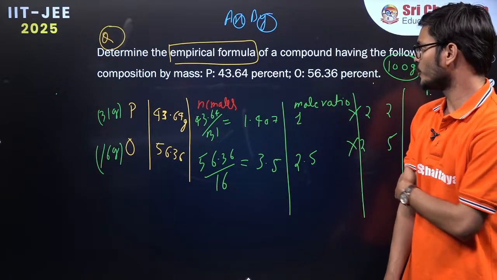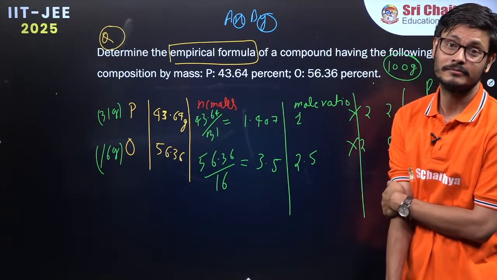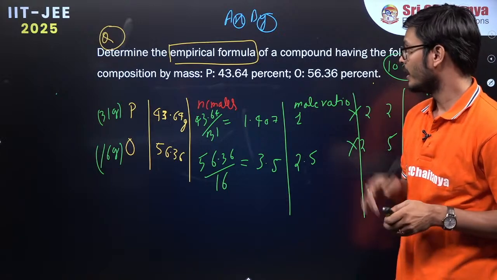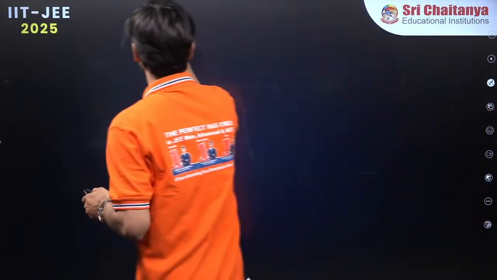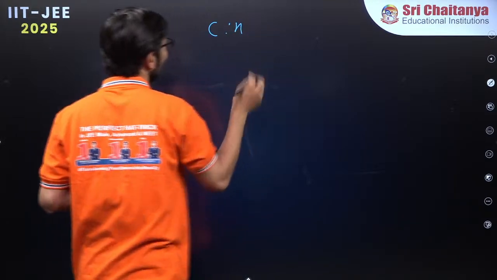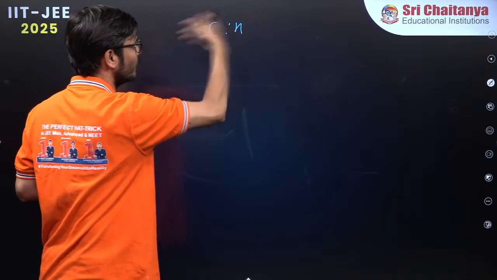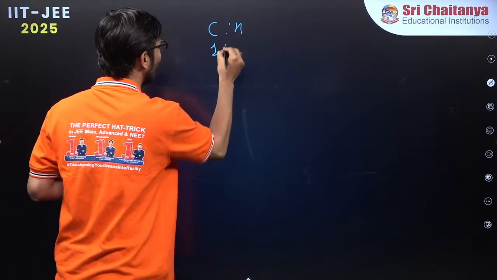Now what are we going to do? How to find the molecular formula? Let us say you did a calculation and you find the carbon-hydrogen ratio. Percentage of carbon will be given, percentage of hydrogen will be given, everything is given, and you find the ratio 1:1.